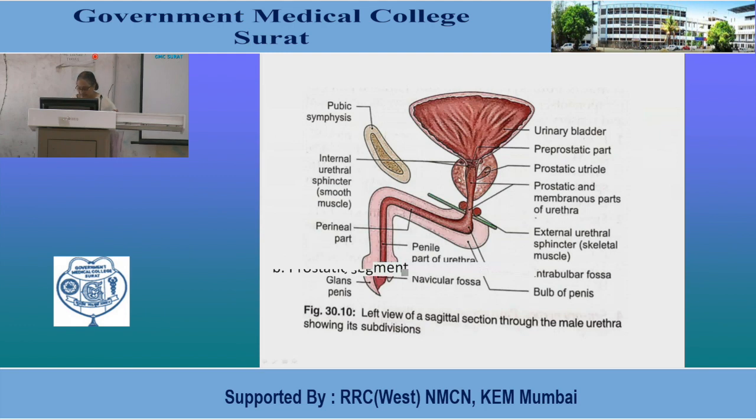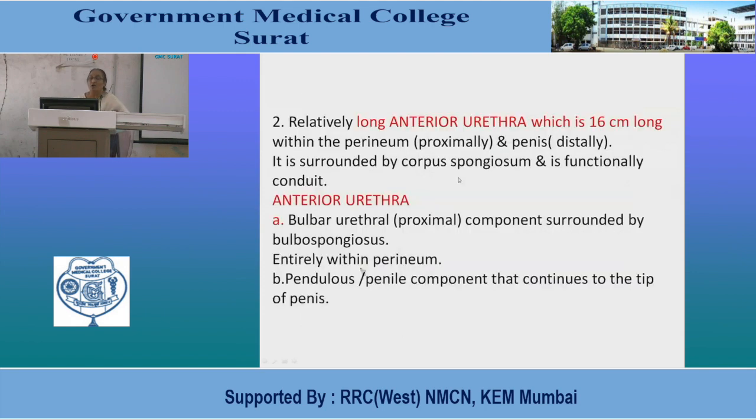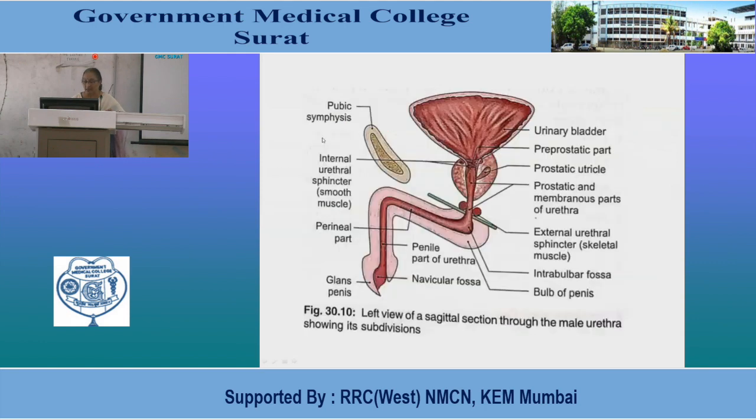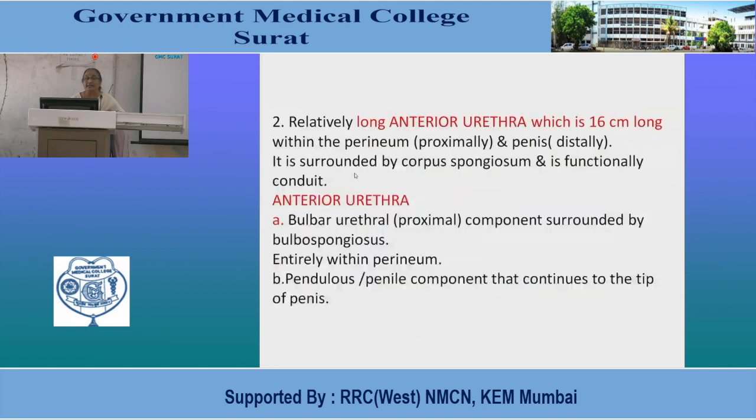All these are the posterior part, right? Now here is the relatively long anterior part of the urethra, which is about 16 centimeter long. The anterior urethra lies within the perineum proximally and the penis distally.